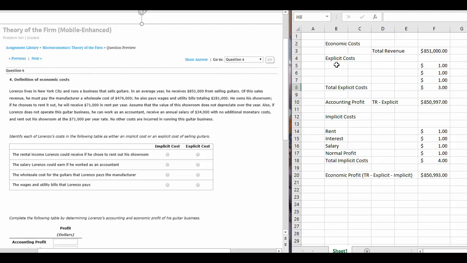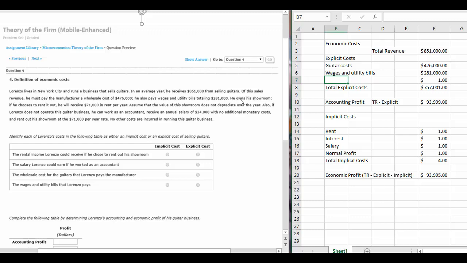Okay. Guitar cost, which will be subtracted, $476,000. All right, he also paid wages and utility bills, which are $281,000. He owns his own showroom. If he chooses to rent it out, he will receive $71,000 in rent.